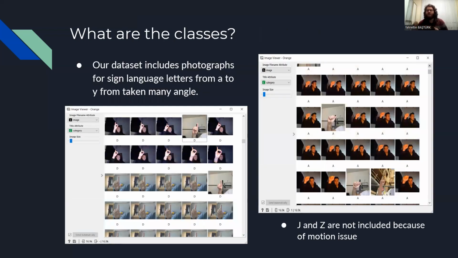Our dataset includes photographs of sign language letters from A to Y, taken from an angle, and J and Z are not included because of the motion issue, as Yağmur mentioned in the other picture.